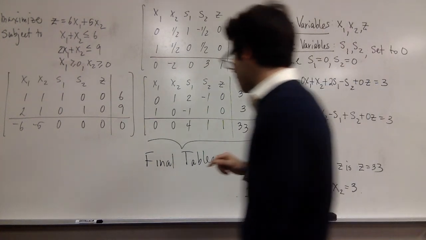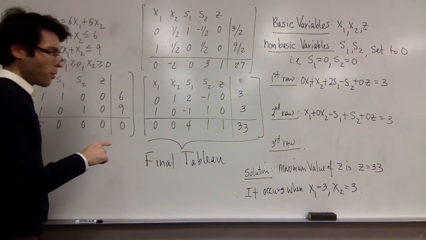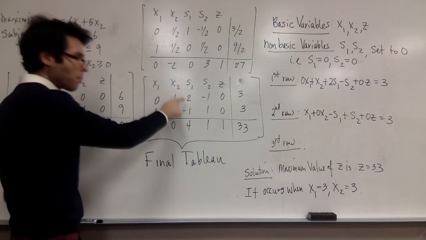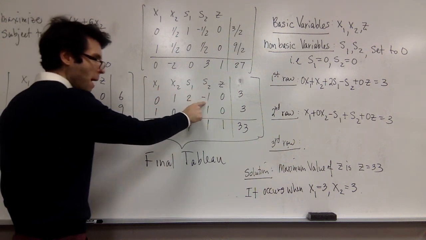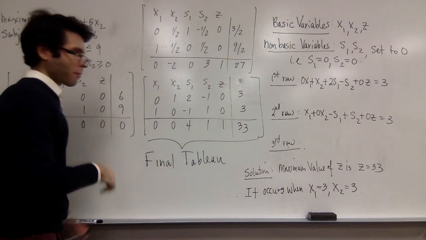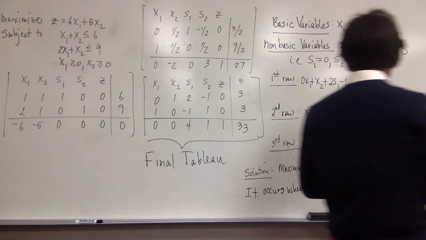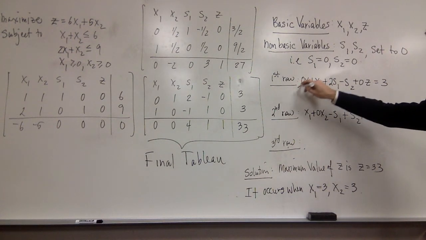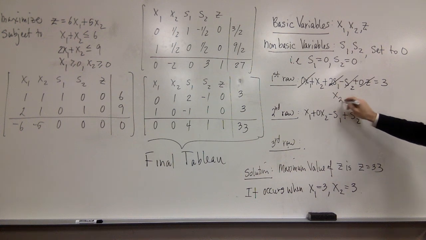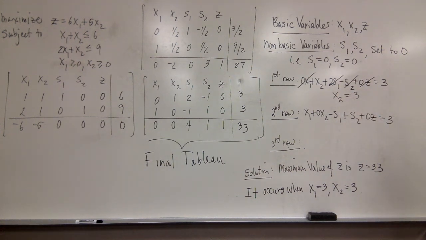Now we can interpret the first row of the final tableau as saying 0x1 plus x2 plus 2s1 minus s2 plus 0z is equal to 3. Now we use the fact that s1 and s2 are 0, and what we're left with is that x2 is equal to 3.